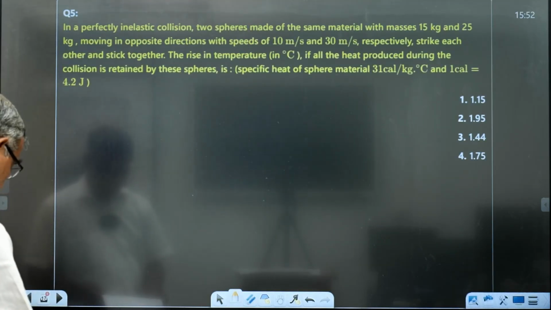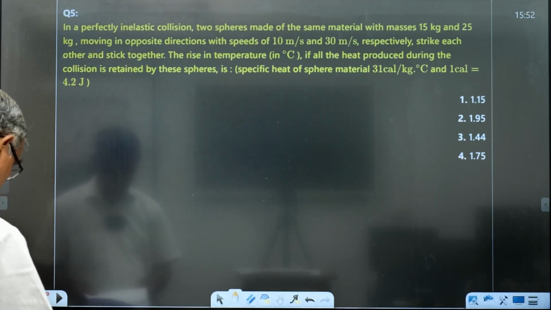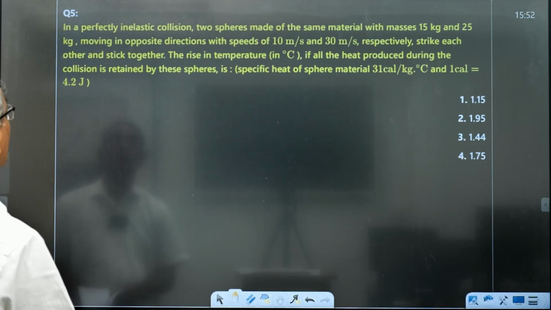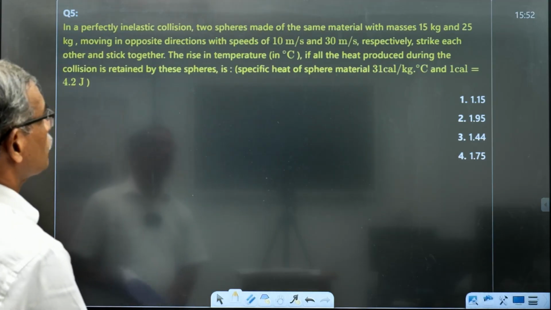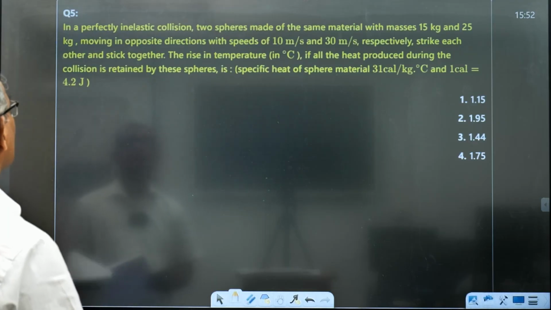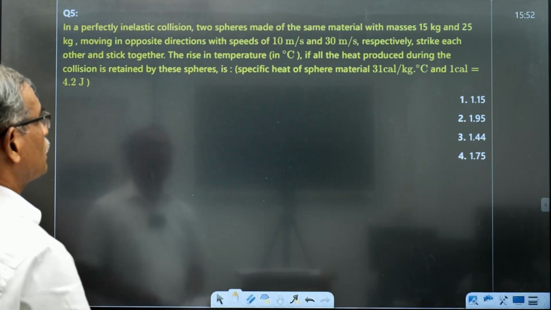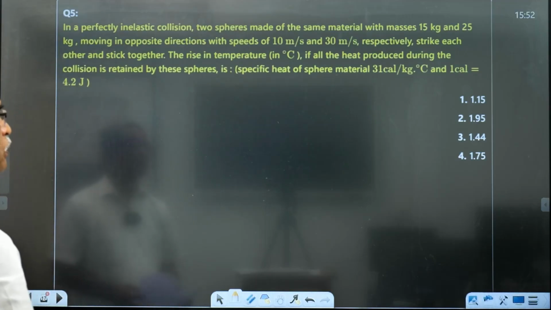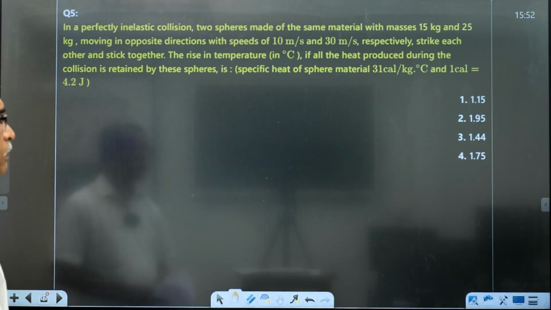A perfectly inelastic collision. Two spheres made of the same material with masses 15 kilogram and 25 kilogram move in opposite directions with speeds of 10 and 30 meter per second respectively, strike each other and stick together.